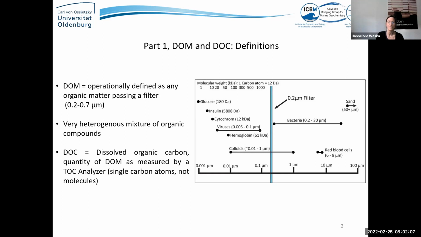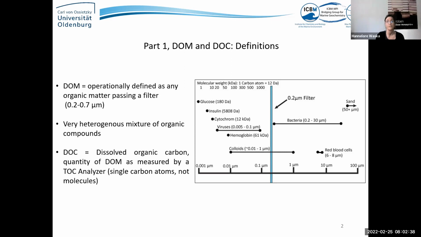Here on this size chart, you can see this blue line showing the filter cutoff, and on the left side you can already see that there are a lot of different compounds that fit into this definition. It could be a molecular building block like glucose, which is just 180 Dalton, but it could be even several thousand Dalton. It could be viruses and colloids even in this fraction. And that means it's a very heterogeneous mixture of organic compounds.